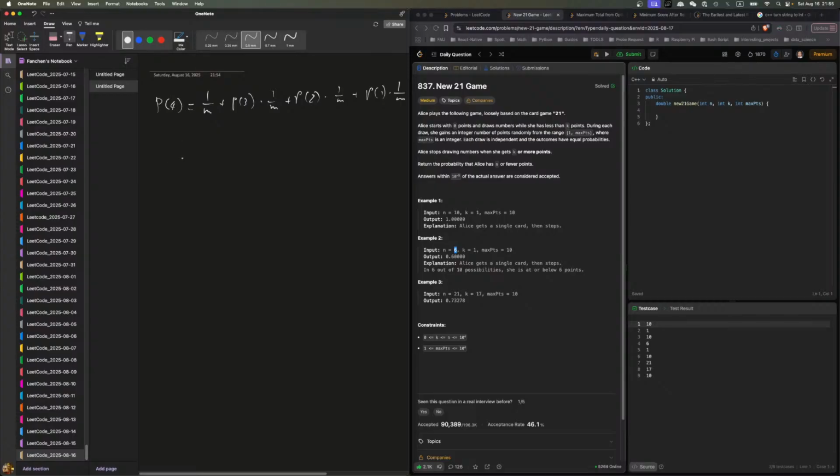Okay, and then P5 will be the same, until you reach P max points, right? Because below P max points, you can always do the same thing.